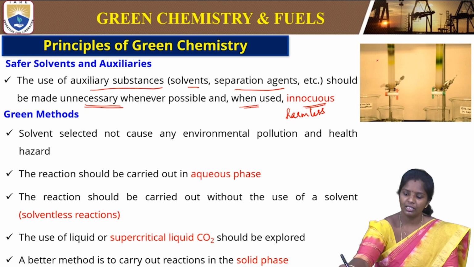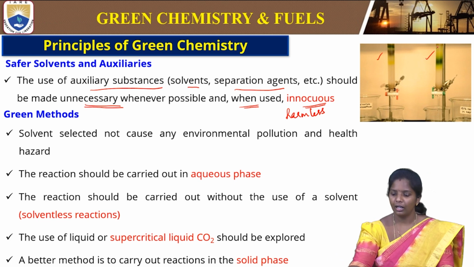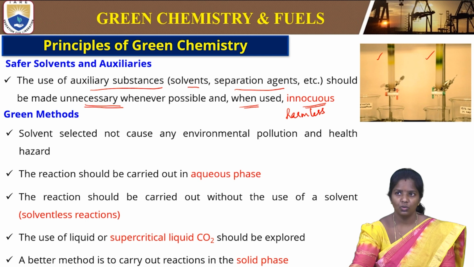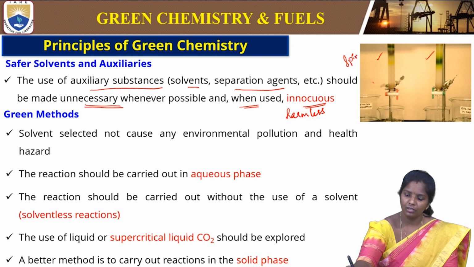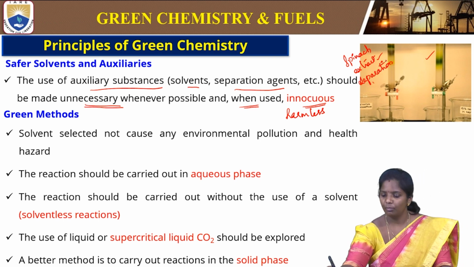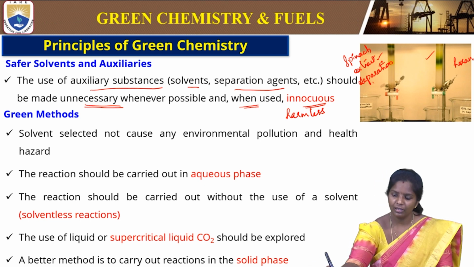For example, in this diagram, two different solvents are used. The conventional solvent is ethyl acetate, used for spinach extract separation. It is replaced with a modified solvent, hexane. What happens in that case?